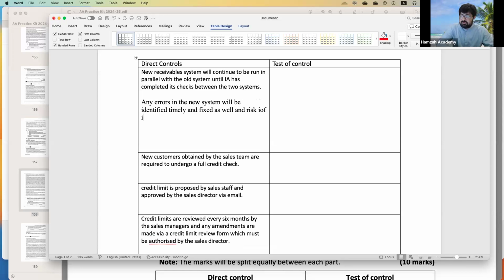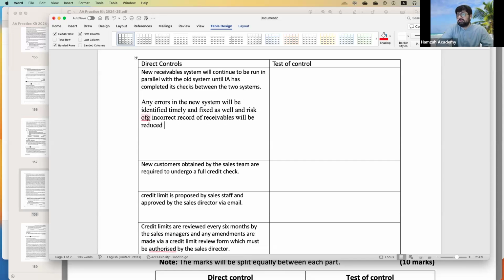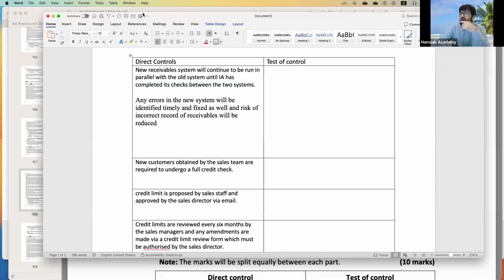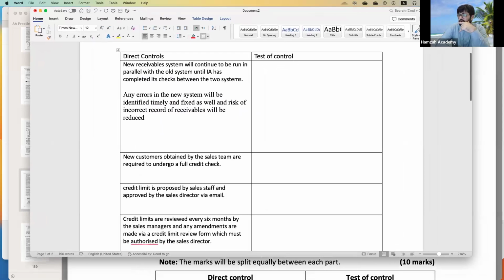And the risk of incorrect record of receivables will be reduced. Simple is that. No, not double entry. Simple is that, any type of error. That is the benefit of this direct control.